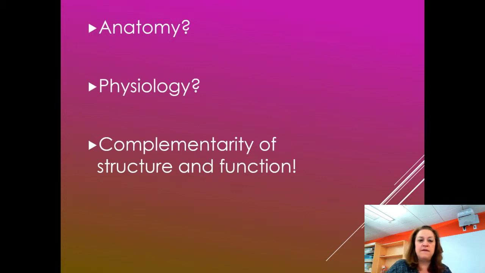Bone, being physiologically about support and protection, is dependent on the strength of the calcium in the collagen matrix. So the anatomy of the calcium and the collagen dictate the physiology of strength and protection. So that's what we mean by complementarity of structure and function.